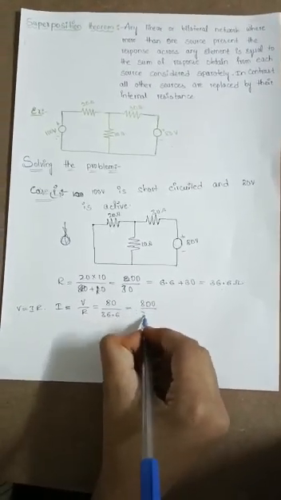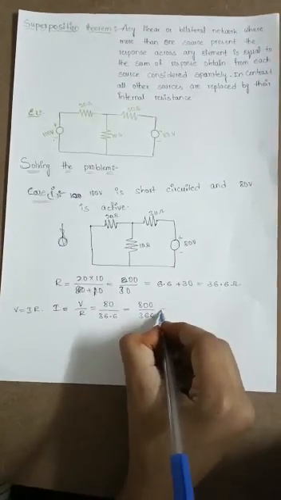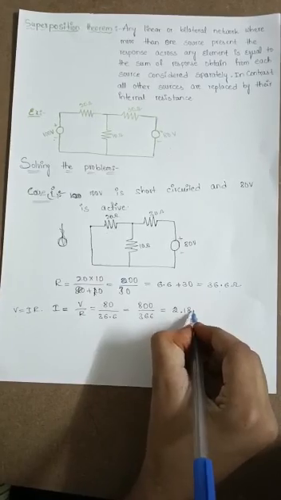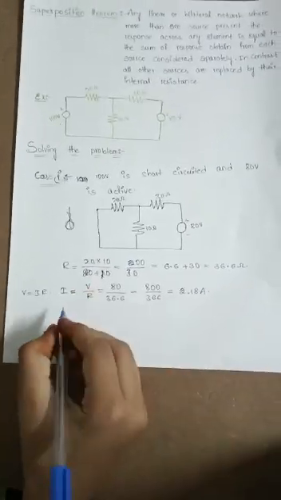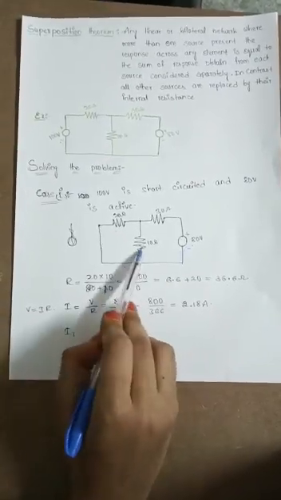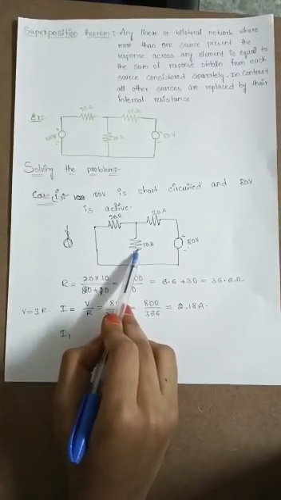It will be 800 by 366. What will be the value? 2.18 amperes.